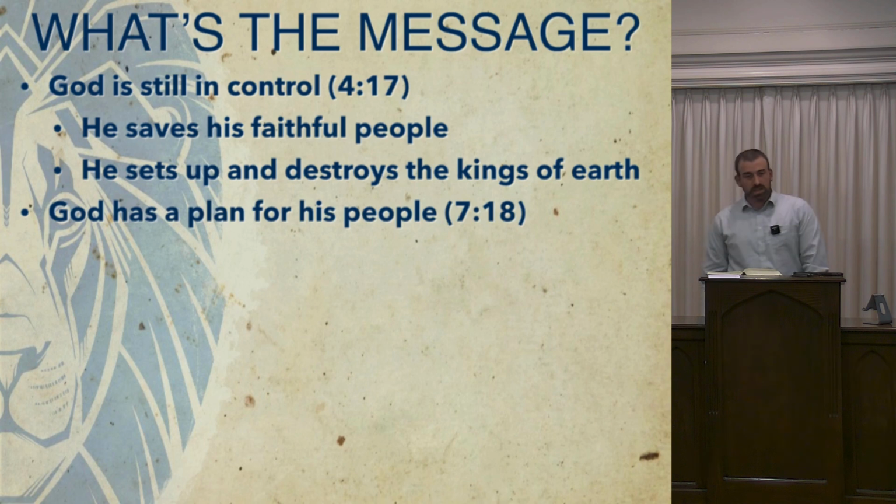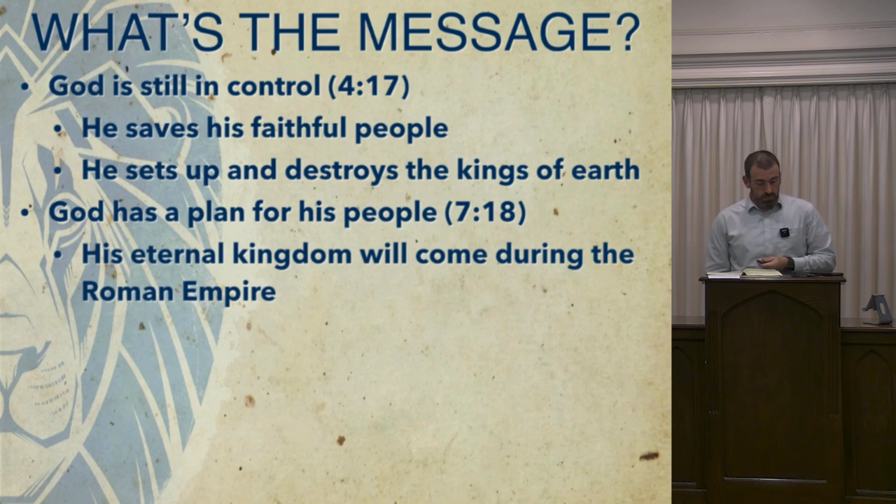And then as we look at the apocalyptic language, we see He has a plan for His people and for a kingdom to be established. And that will be an eternal kingdom that will come during the Roman Empire. And does that sound familiar to us as Christians?